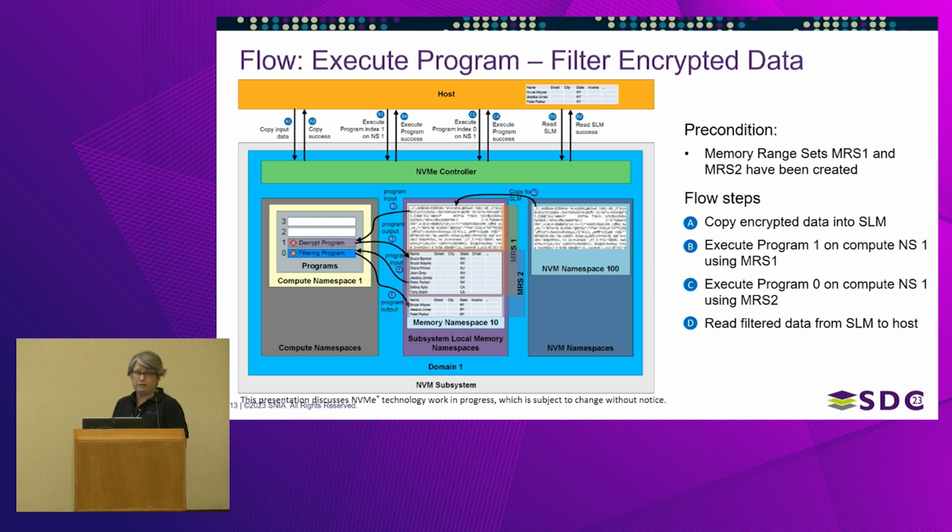So now that that's complete, the host can go on and do the next compute step. The next compute step is to take that decrypted data, which happens to be a table that contains superheroes and where they live, just because. So the host issues a command to say, run the program in slot 0 with the input data as the table.